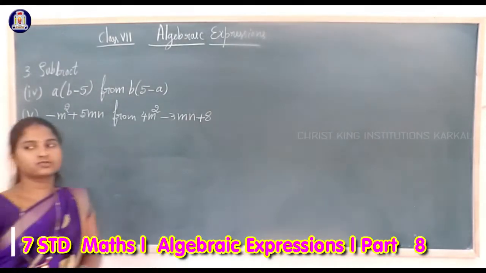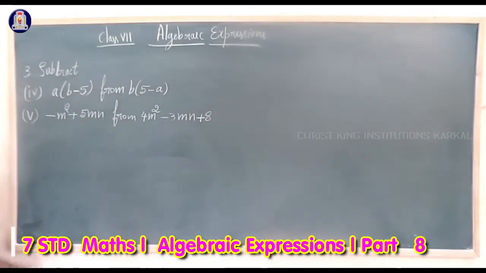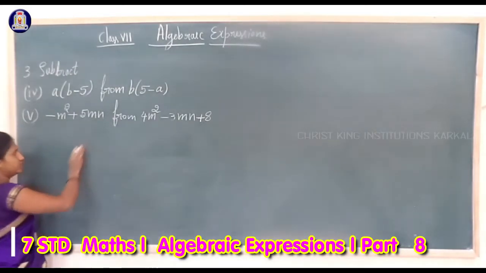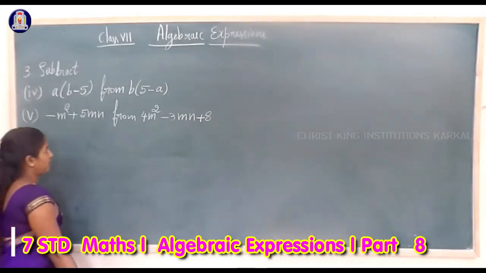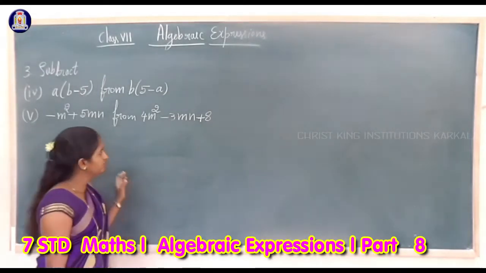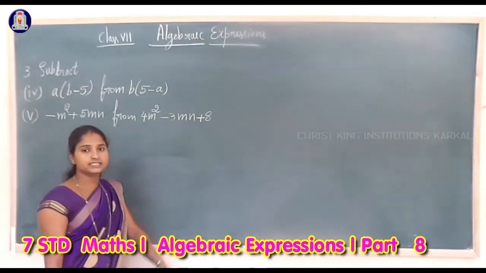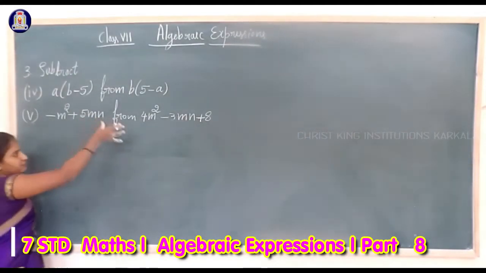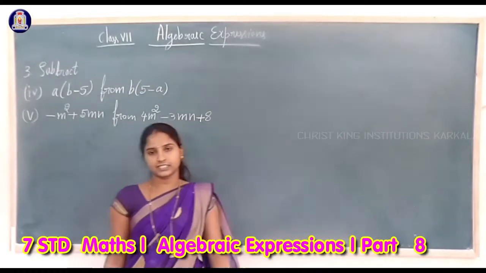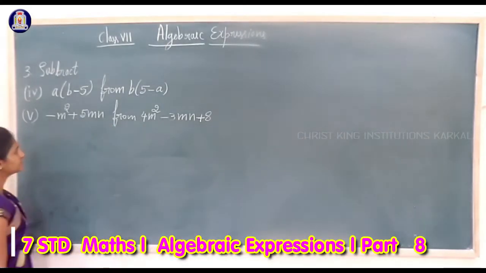Okay, the fifth one we will solve. Fifth one is: subtract minus m square plus 5mn from 4m square minus 3mn plus 8. So we have to subtract the first expression from the second expression.